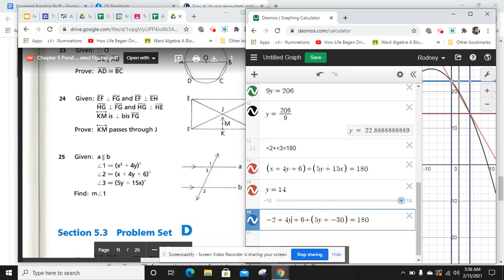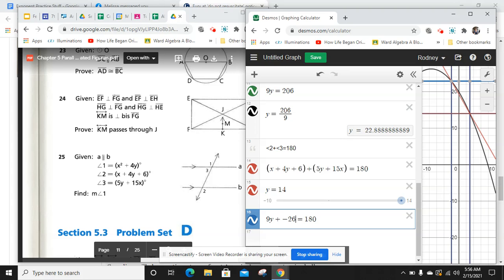And over here, I have -2 plus 6, which ends up being 4. And I can drop these parentheses, the 5y and the 4y make a 9y again. And 4 plus -30 is -26 once again.